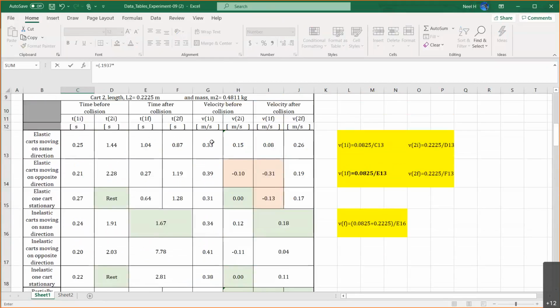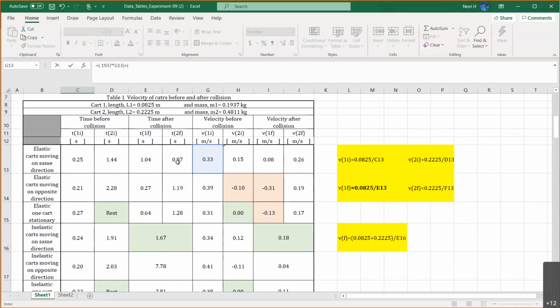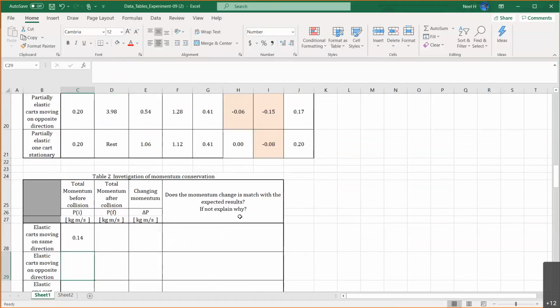Case 1 before collision, cell value G13, close brackets, plus parentheses, mass of object number 2, 0.4811, multiplied by velocity of object number 2 before collision, cell value H13, close brackets. Hit enter. Okay, we have the momentum there.